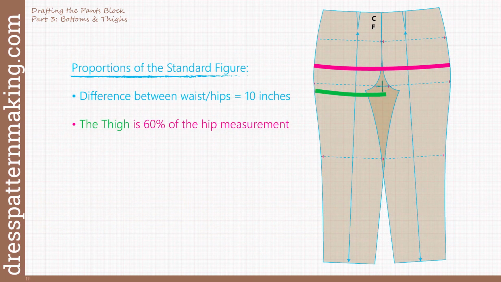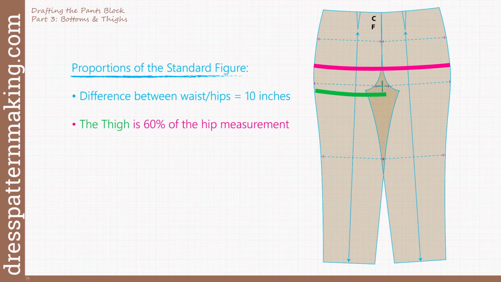Now, for those who are interested, the proportional relationship between the hip and the thigh on the standard figure, that is the standard figure that most block making instructions draft for, where they determine the thigh as a percentage of the hip, that proportion is the thigh is 60% of the low hip measurement.